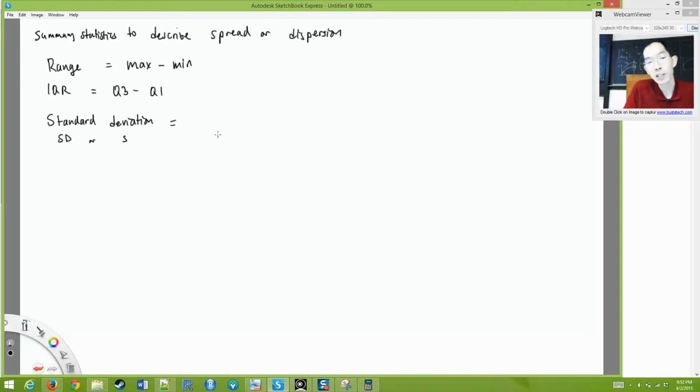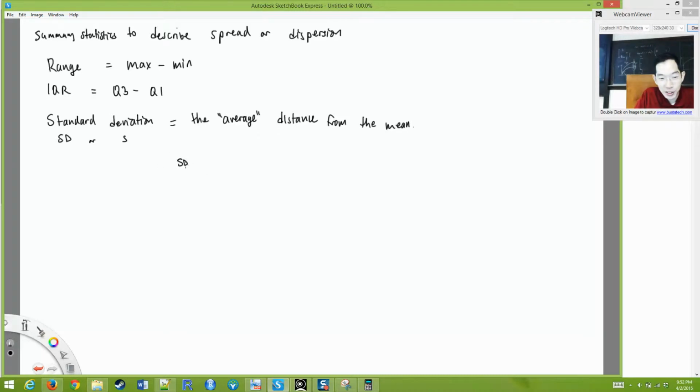And the standard deviation we can think of as the quote-unquote average, but it's not really the average, distance from the mean, okay?